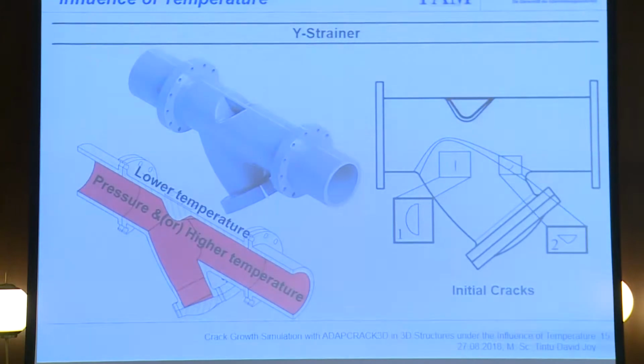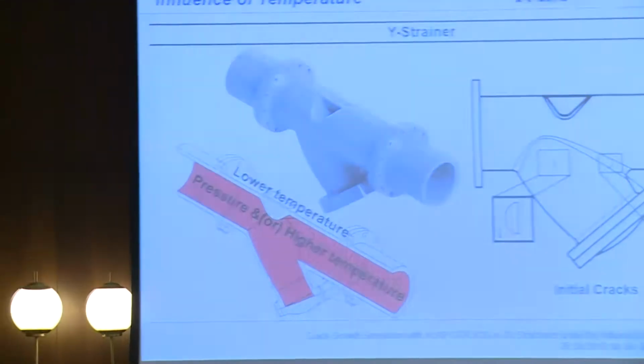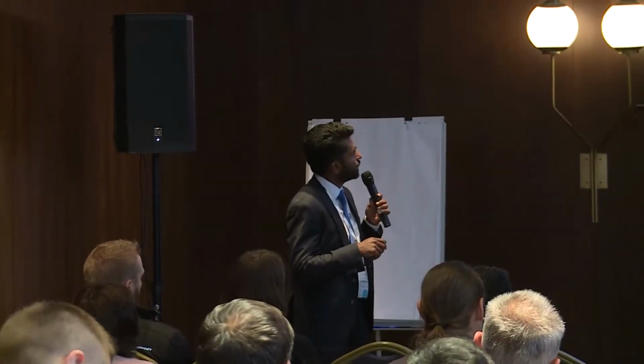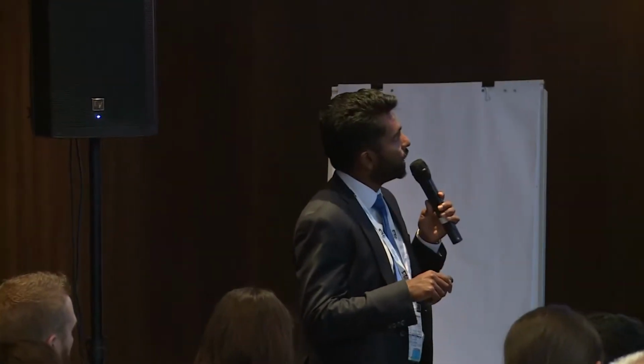So we have done 2 sets of simulation for both these initial cracks. One is only with pressure, that means we will have just the inner pressure on this surface, and one with pressure and the temperature boundary conditions. Before moving to the results of ADAPCRACK3D, I will show a few simulation results.